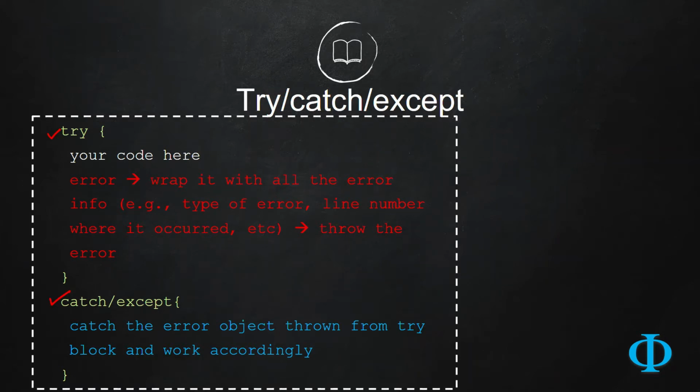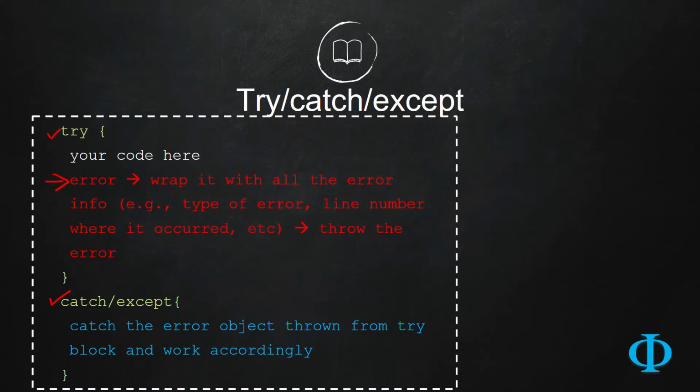Whenever you enclose a piece of code in a try block, whenever there is an error, the object-oriented program will wrap the error with all the error information.